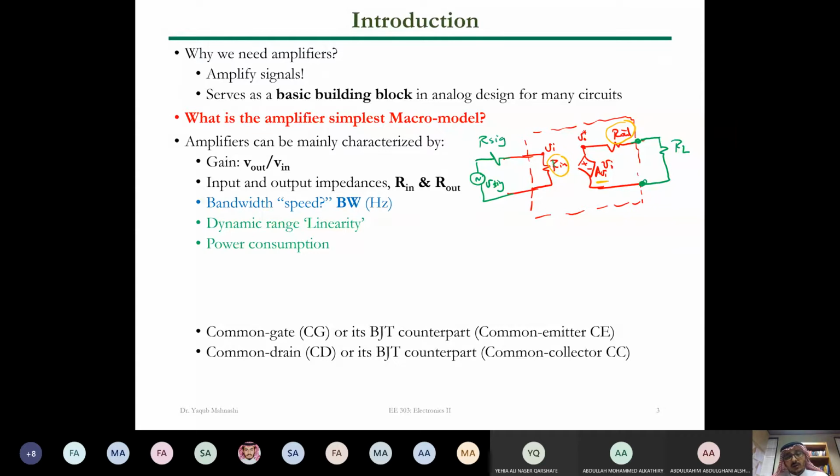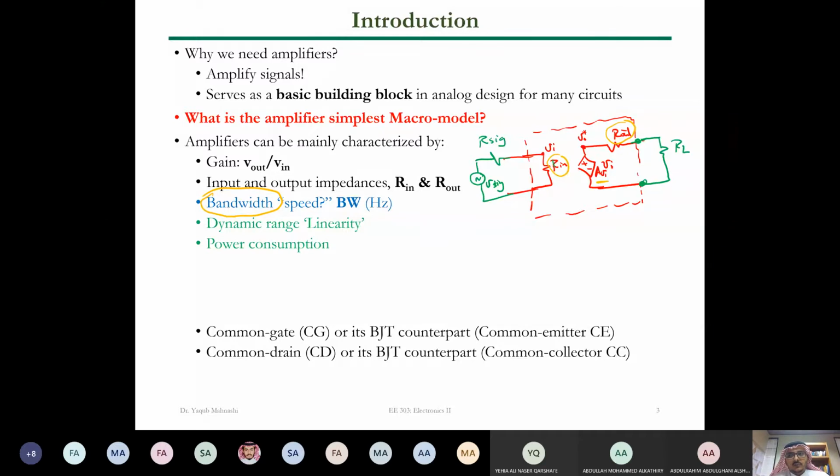What we are interested in this topic is just to quantify the bandwidth of the amplifier. If you know the bandwidth, you know the speed of the amplifier. I'm talking about an amplifier where we can start from very low frequency, sometimes 0, which is DC, to whatever high frequency you have.